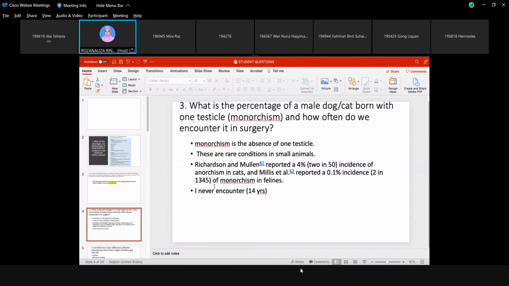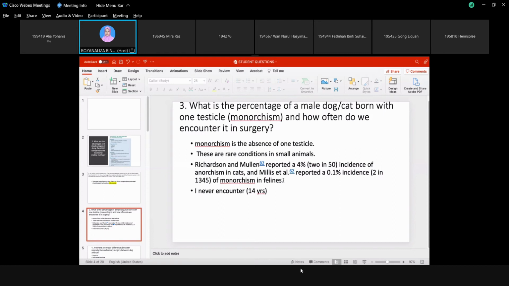From these journals, they stated that it is a rare condition in small animals. These two writers reported 4% incidence, meaning 2 in 50 cats, and in males reported 0.1% incidence, meaning 2 in 1,345 cats.